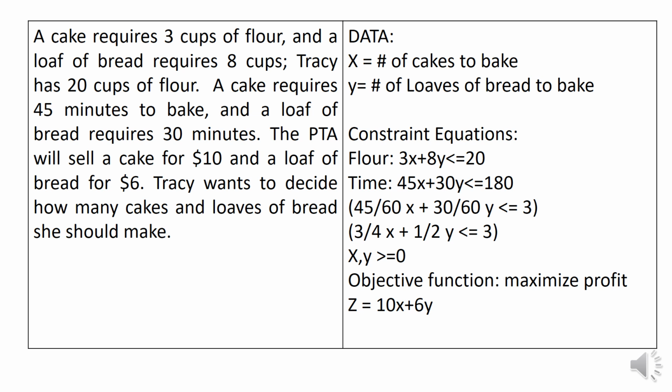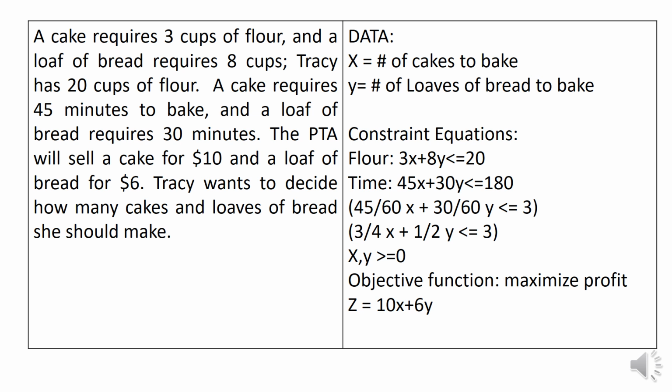We are given the constraints: the time constraint that was discussed before, and now the flour is another constraint. With the flour constraint of 20 cups of flour, you are using 3 in cakes and 8 cups in bread. Remember, the equation would be made like this: 3x plus 8y less than or equal to 20, because 20 is the maximum number.